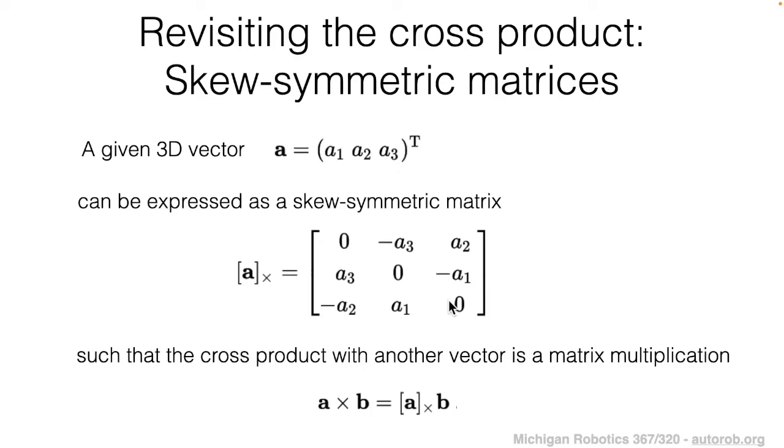So if you have a vector A and you want to take the cross product with the vector B, you can perform that by first converting your vector A into this matrix here, following this form, and then multiplying that matrix by the vector B that you wanted to take the cross product of. So this can be a useful fact sometimes.